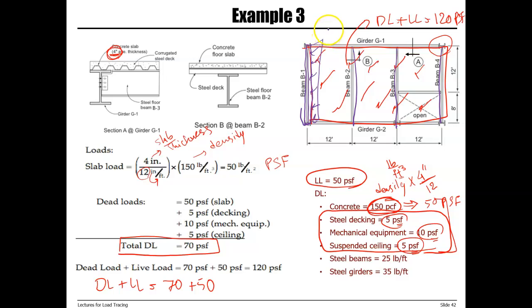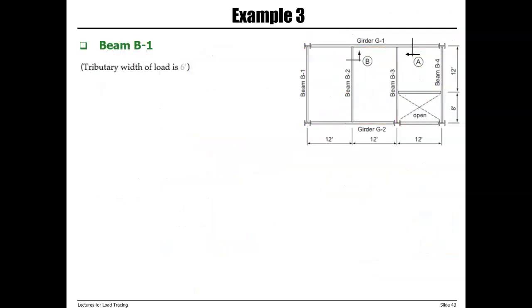If you remember, in order to do that, we said that we need to find tributary width. Tributary width for beam B1 is half of the distance between beam 1 and its adjacent members. Beam B1 only has one adjacent member, beam 2. The distance between beam B1 and B2 is 12 feet. So half of that distance is 6 feet. And that's our tributary width.